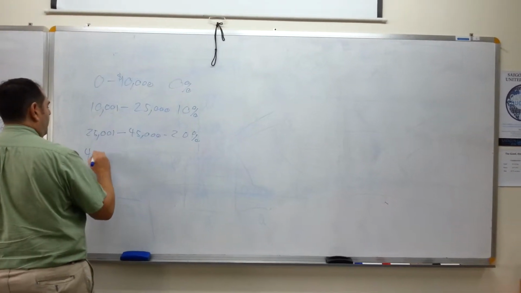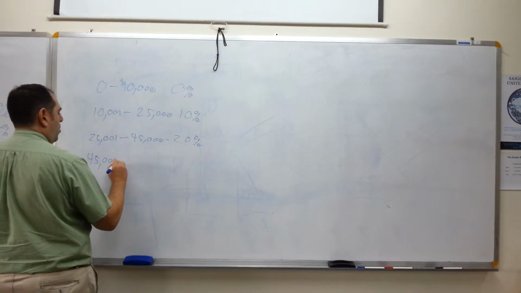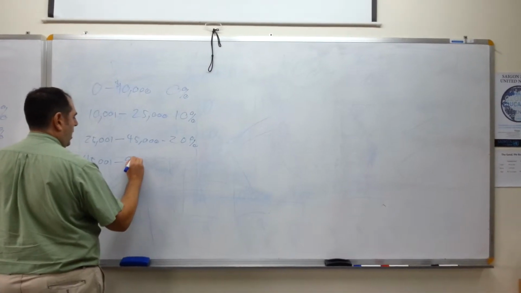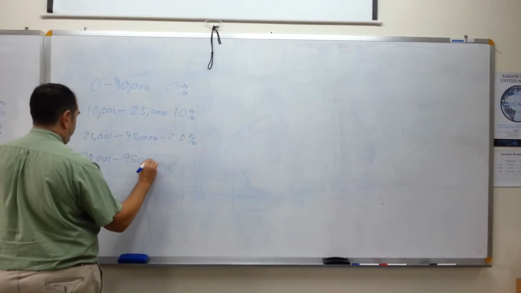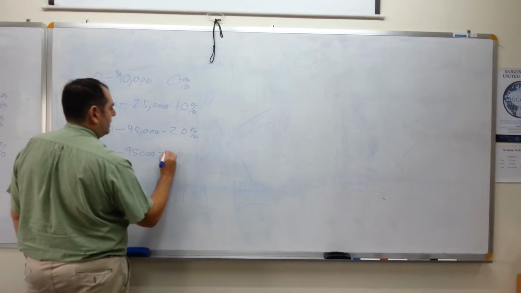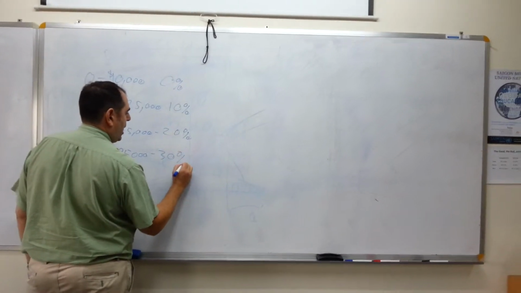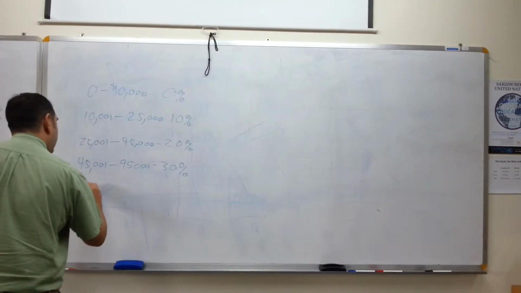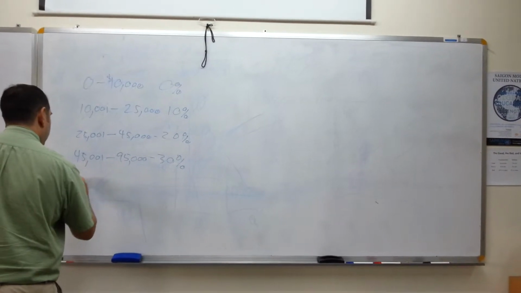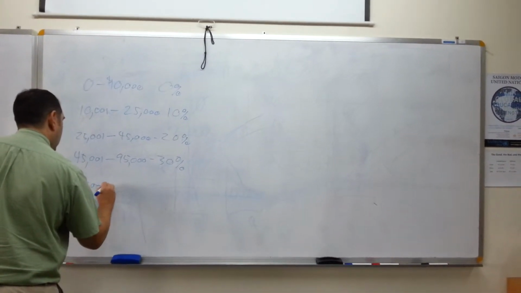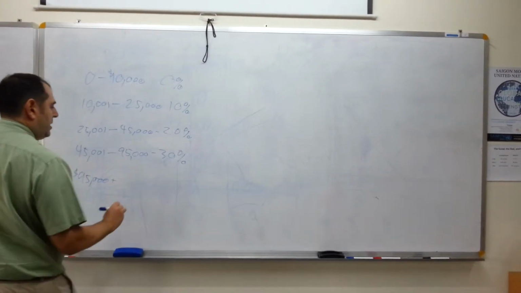So that's 45,001 to 95,000 is taxed at 30%. And then anything above $95,000, we're going to tax at 40%.